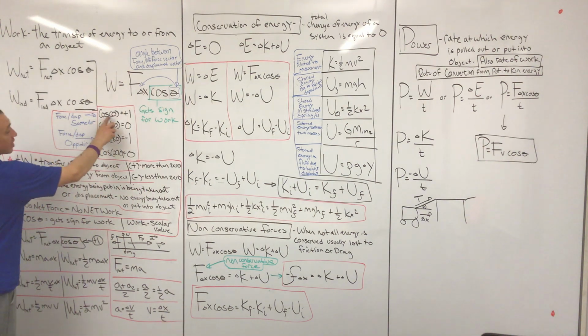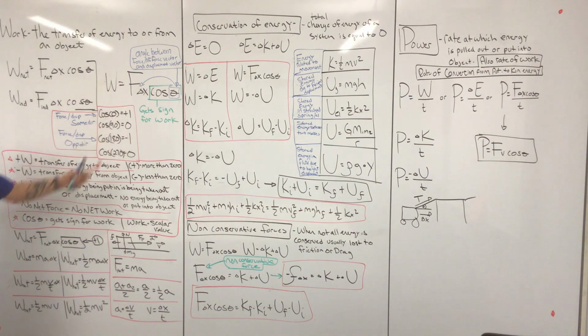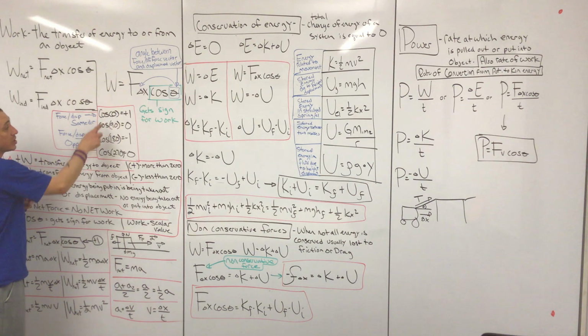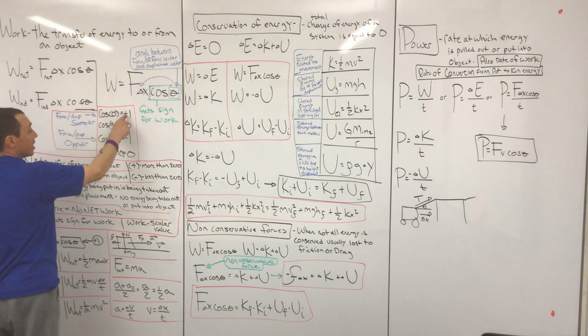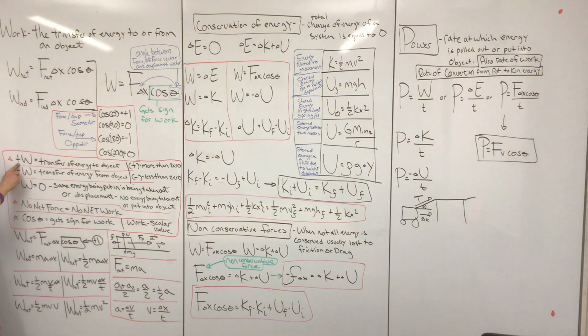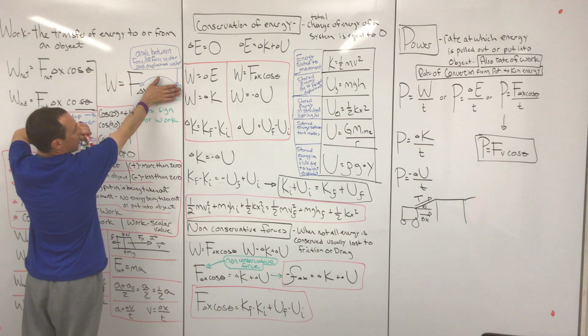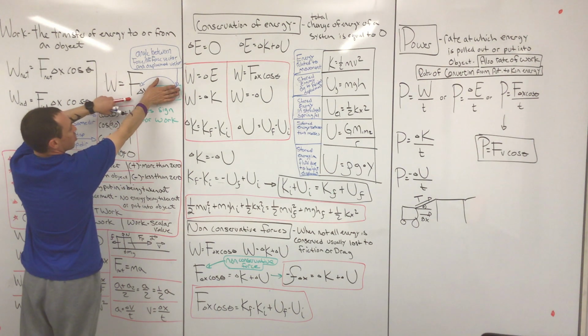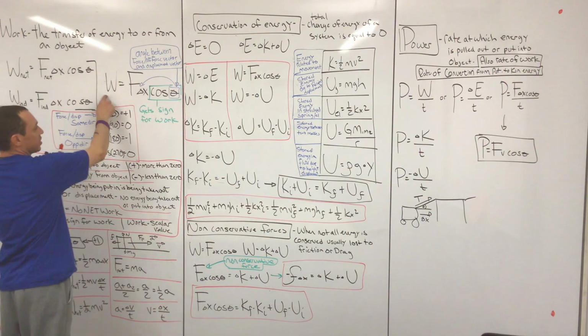So in cosine, we need you to memorize this because we're not going to tell you this, but these angles are important to remember. When cosine theta is 0, it's going to be a positive one, so that positive sign you'll just pull outside of work. After I figure out cosine theta, I don't write cosine theta anymore. I just write force and displacement, but cosine theta gets replaced with the sign out here.